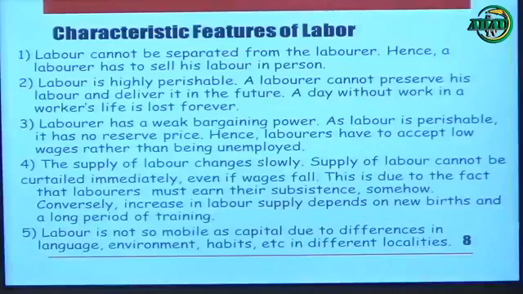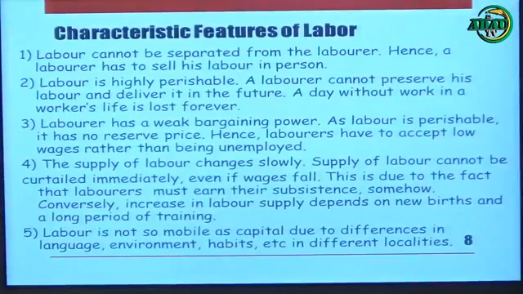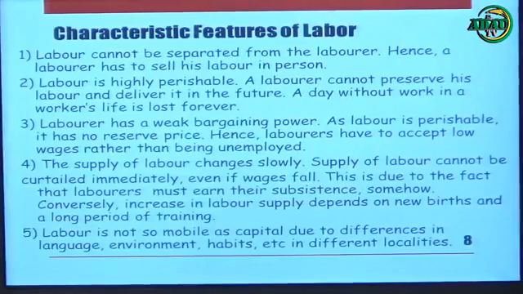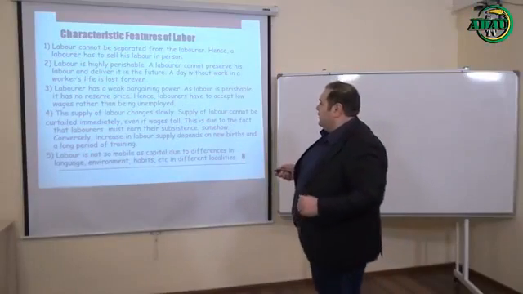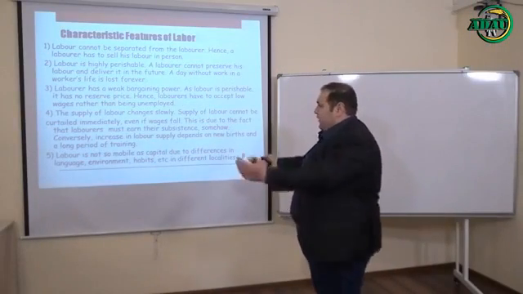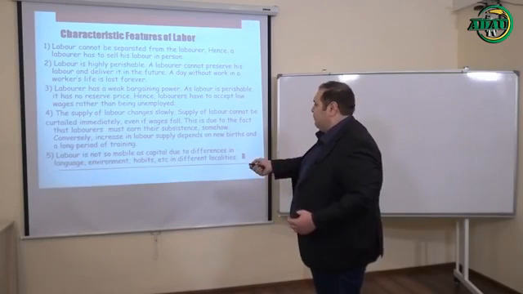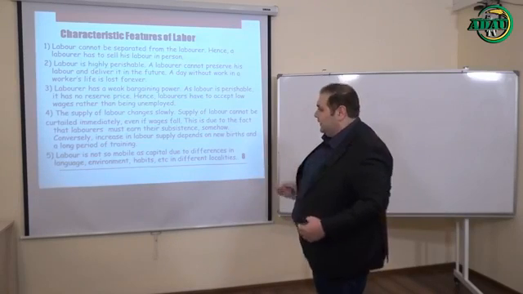The supply of labor changes slowly. Supply of labor cannot be adjusted immediately, even if the wage falls down. This is due to the fact that laborers must earn their subsistence somehow.